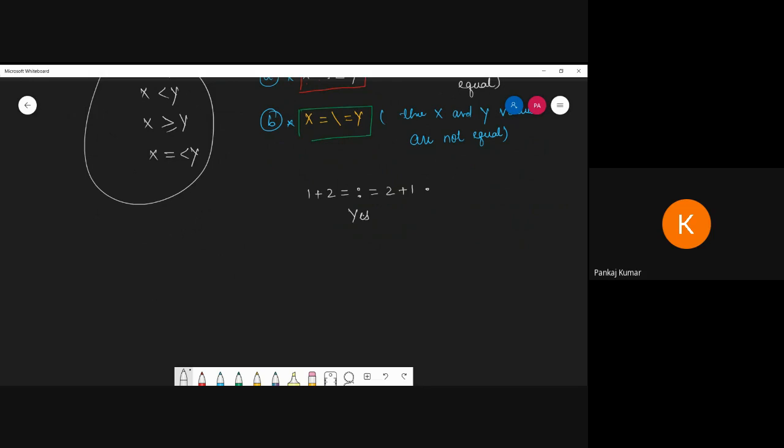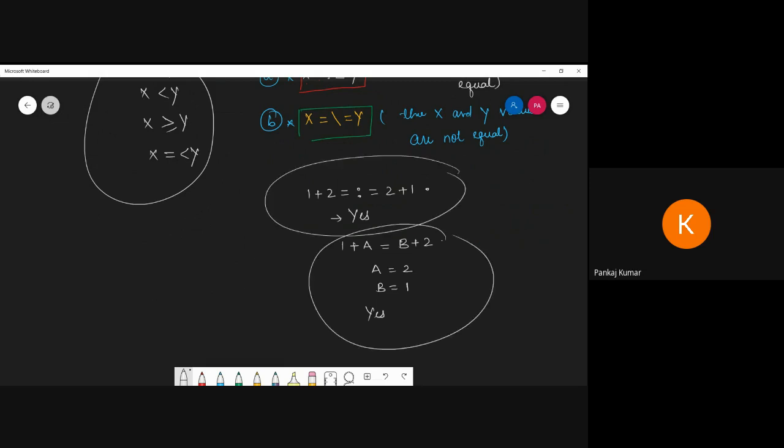Then it will give the answer yes. Similarly, if you want to write 1 plus A =:= B plus 2, put a dot, and define A equal to 2 and B equal to 1. Then it will give the answer yes. This is how we have to use it. These things are very important.